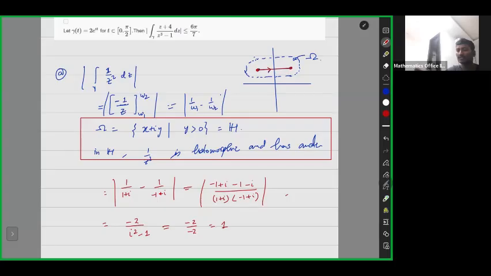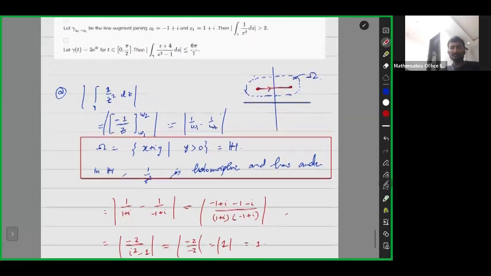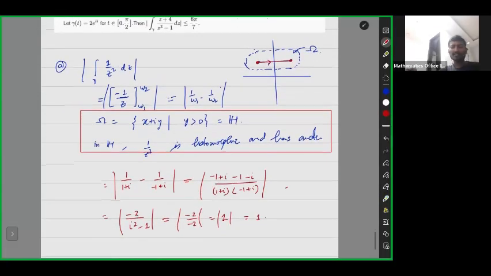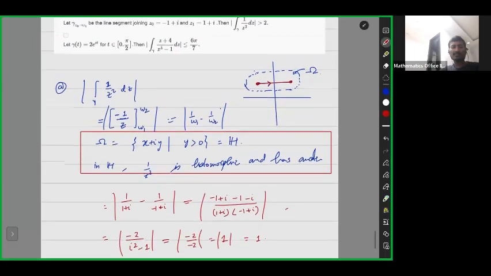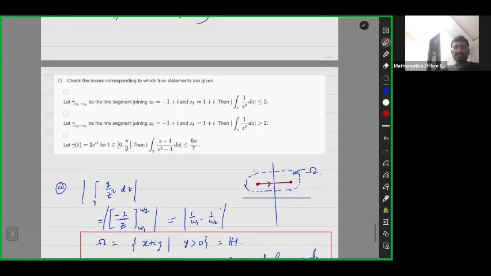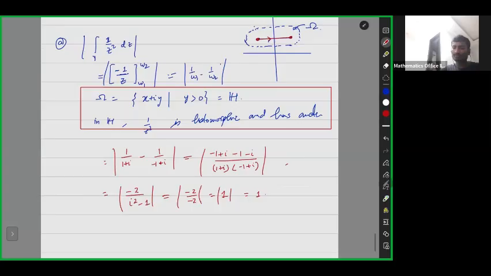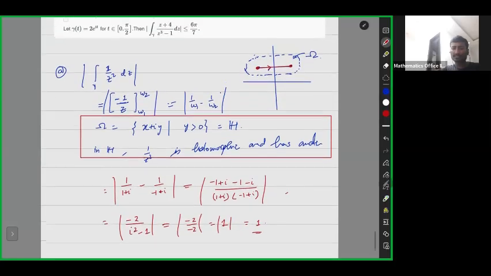We are taking modulus always, so that's it. So you understood this problem, right? We calculated the integral, and calculating the integral was easy. Why? Because we chose our domain specifically where f is holomorphic and it has an antiderivative also, so no problem. So this option is correct: less than or equal to 2. We are getting 1. That is fine.